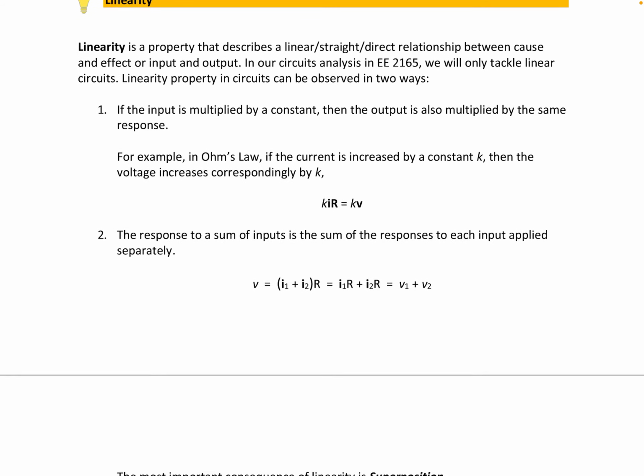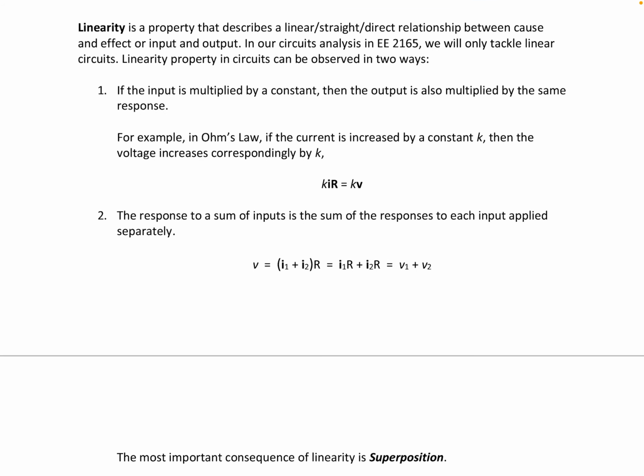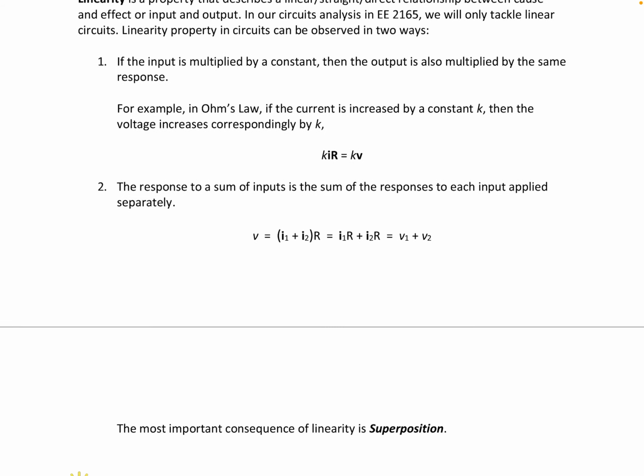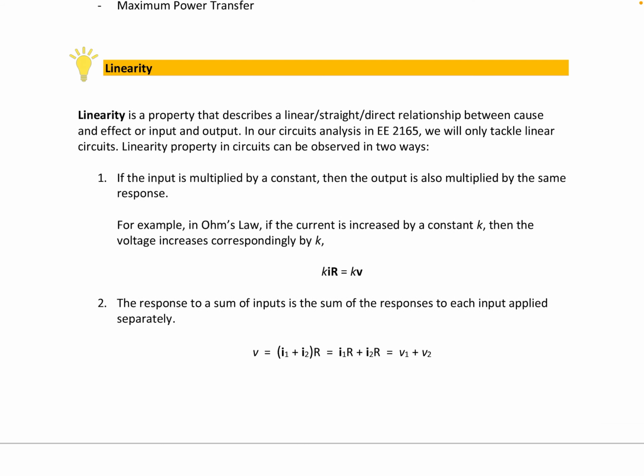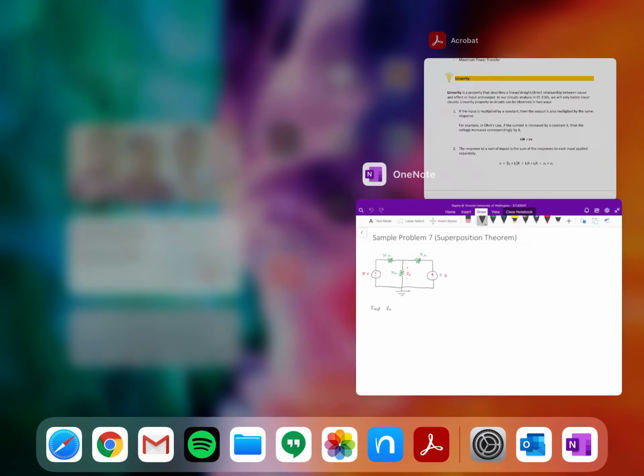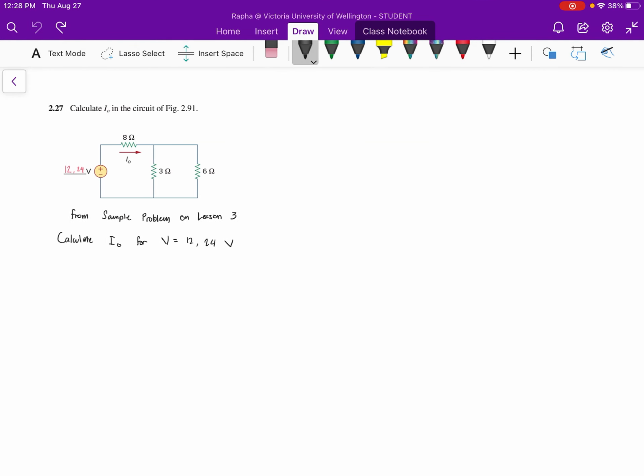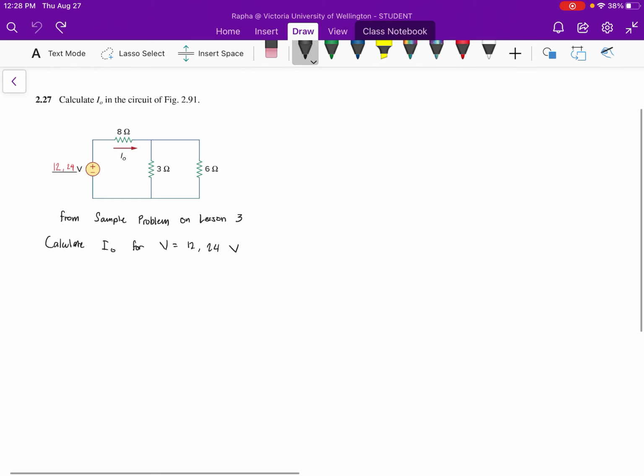The second way we can observe linearity is that the response to a sum of inputs is the sum of the responses of each input applied separately. It is similar to the distributive property of addition, which is also relevant still using Ohm's law. To give you an example, we have this circuit which I gave you as a sample problem from lesson 3.